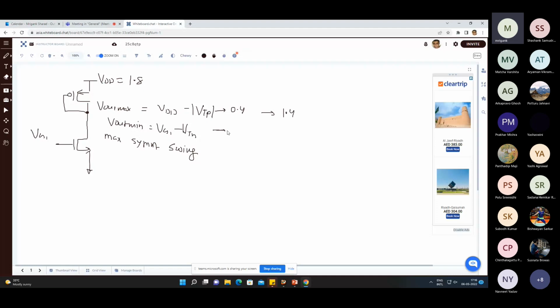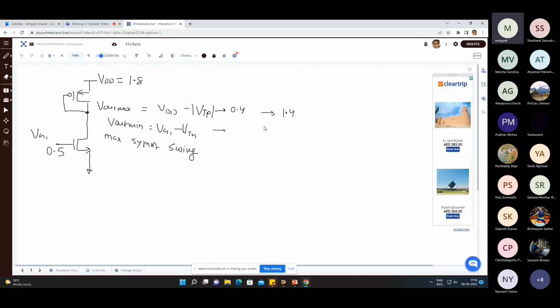And Vout min depends again upon the VG. Suppose the W by L of the input device is large enough, and we have 0.5 volt DC voltage at the gate. In that case, Vout min is 0.1, right?